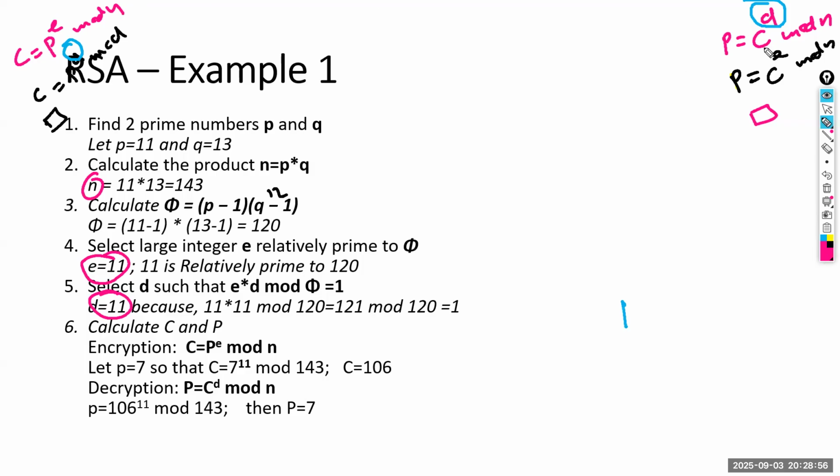You need to find your e, d, and n using this logic. If you select e, d, and n using this logic, it's going to work. So that means you have generated a private, public key pair, because the private key consists of D and N. The public key consists of E and N for encryption, decryption.